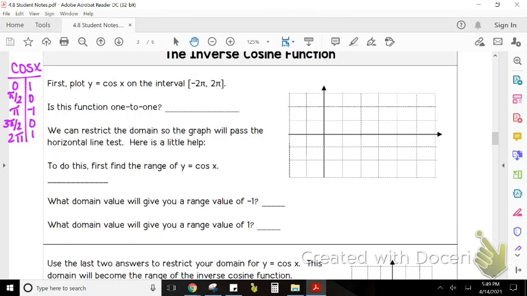I'm going to do the same thing here. I'm going to let this be negative 1, this be positive 1, and let every line be a pi over 2. Continue your pattern all the way across the available space.